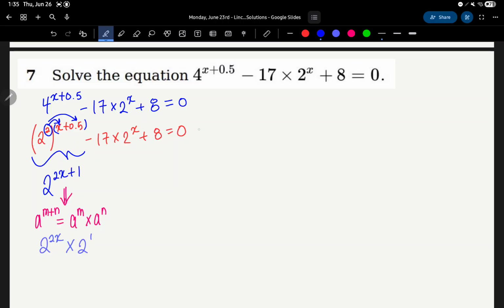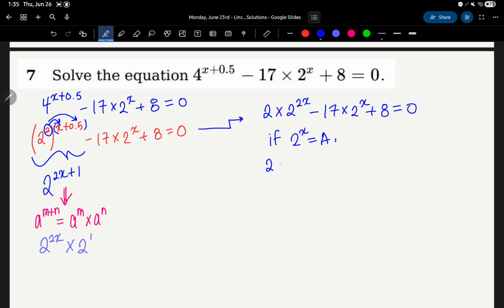So from here, we can say it's actually equal to 2 times 2 to the power of 2x minus 17 times 2 to the power of x plus 8 is equal to 0. So you notice again, if 2 to the power of x is equal to a, we can switch it up.